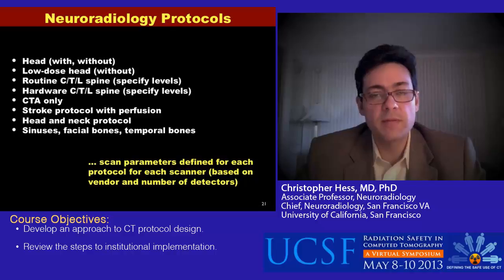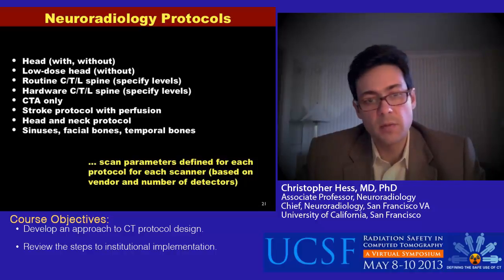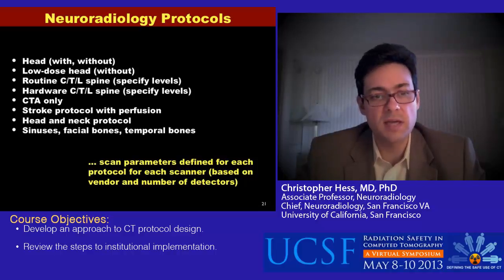As I mentioned, we have a CTA-only protocol for patients with known aneurysms for follow-up. With CT stroke protocols, we use perfusion only in those patients who are eligible for TPA or fibrinolytic therapy. Otherwise, the CT perfusion just adds too much dose. We use a standard head and neck protocol that may be dose adjusted based on the size of the neck.